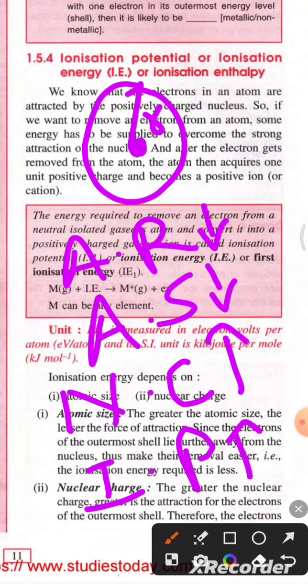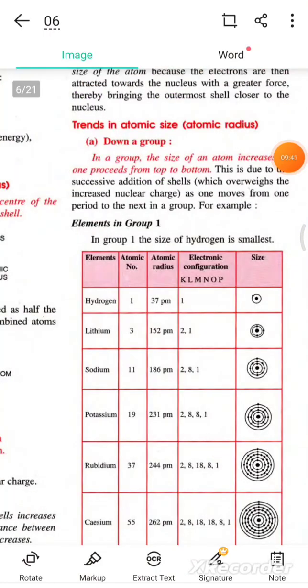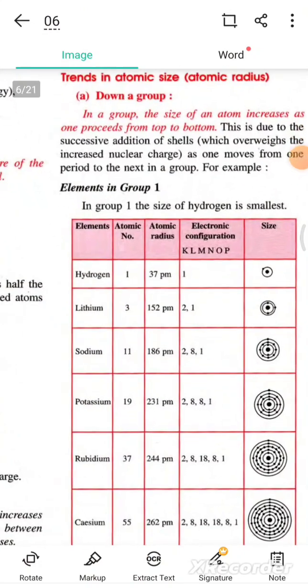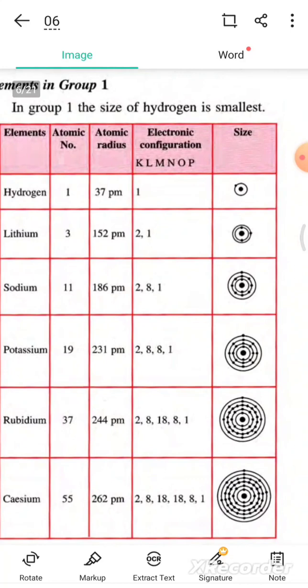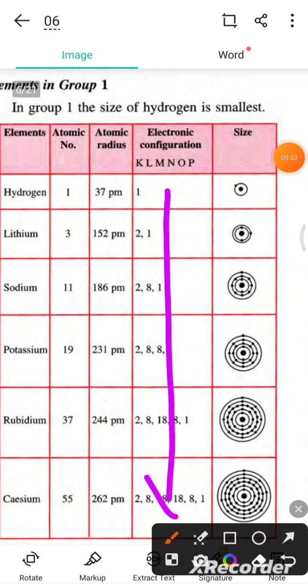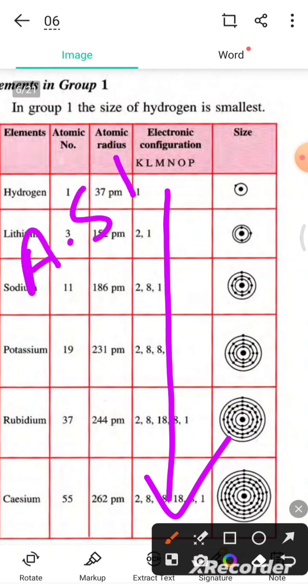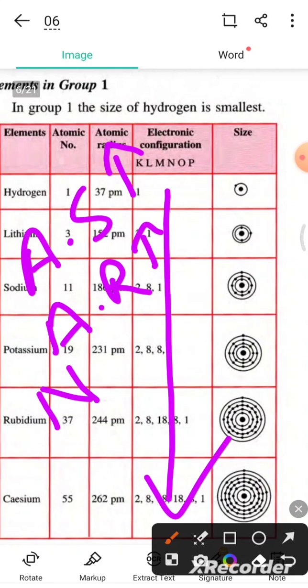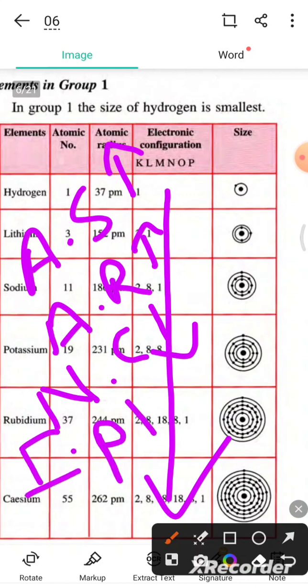Now let us see the variation of ionization potential. First we will discuss the variation of the elements down a group. You see here the atomic size is increasing as we move down. Atomic size is increasing means atomic radius is also increasing, and nuclear attraction is decreasing, so the ionization potential is also decreasing here.